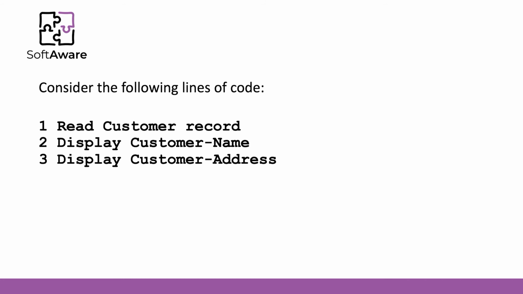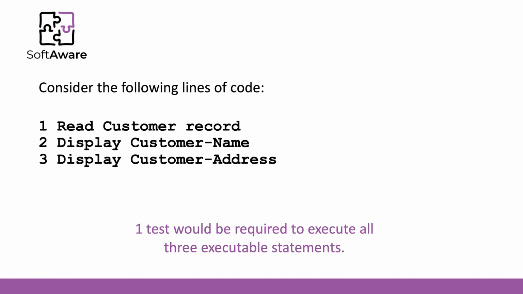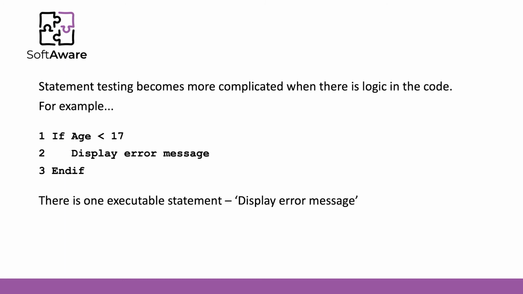So you can follow along these lines of code and actually know that one test is the smallest number of test cases that are required to execute all the 3 executable statements. So since there are no conditions, and once you run this small program, all the lines will be executed, a simple test, one single test, is enough to achieve the 100% statement coverage of this pseudocode.